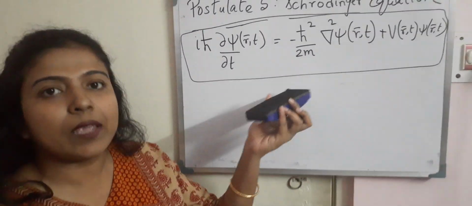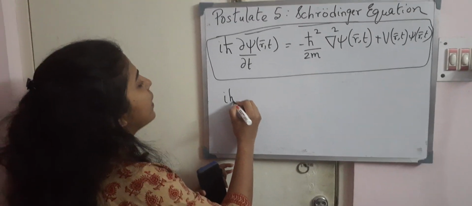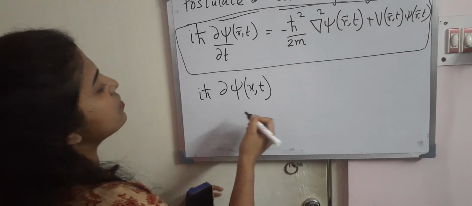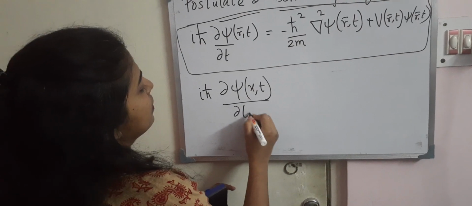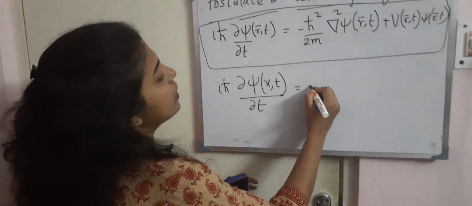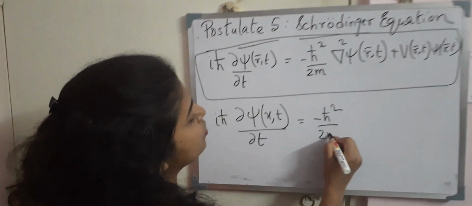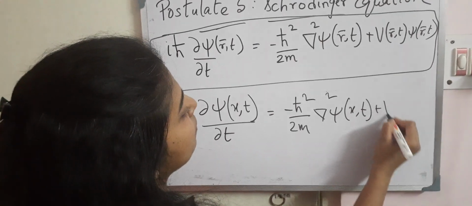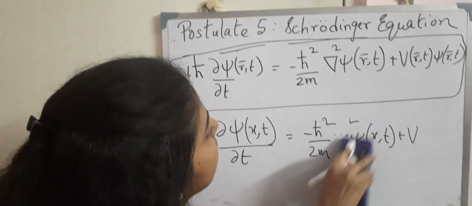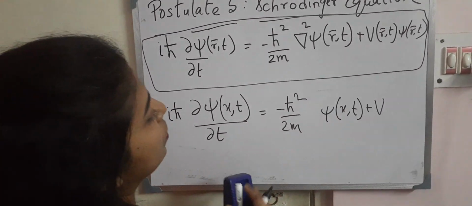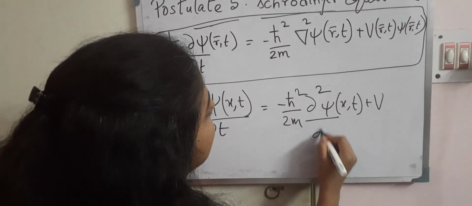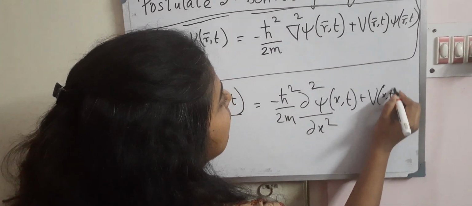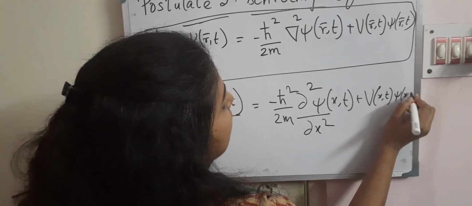Now let us write down the same in 1 dimension. If you write it in 1 dimension, if the motion is along the x direction, ψ is a function of x and t. So iħ ∂ψ/∂t equals minus ħ² by 2m, sorry, this is ∂²ψ/∂x², since it's in 1 dimension, plus V(x,t) ψ(x,t).